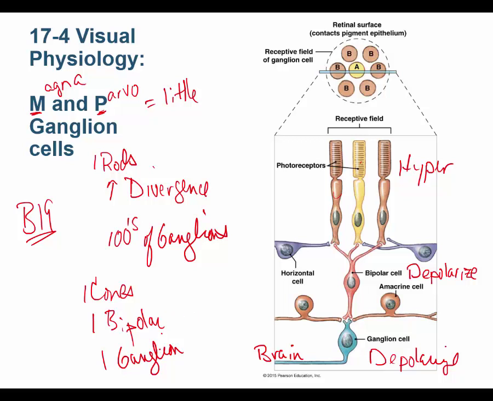Now think about this. The ganglion cell is the one going to the brain. If there's an area in the brain that responds to one cone, that's great visual acuity. That brain is receiving information from one cone. And the cone right next to it is giving slightly different information, and the cone right next to that is giving slightly different information. So this is a tremendous amount of acuity, high acuity. Whereas with this divergence right here, this is low acuity.